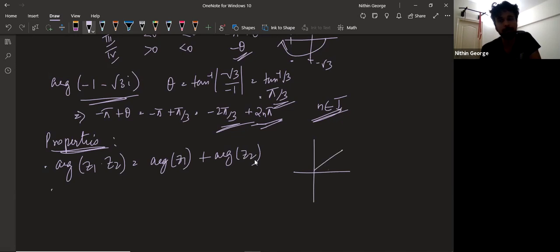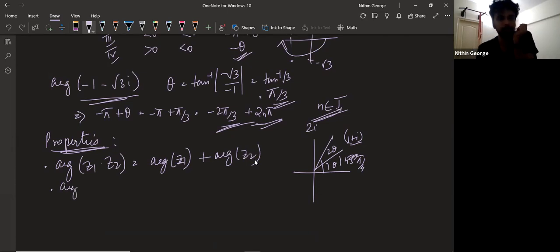I squared a number and saw that its angle doubled, right? Like 1 plus i squared, what did I get? I got 2i. Basically, 1 plus i's argument was 45 degrees or pi by 4, and 2i's argument is pi by 2. We saw the angle doubling. So this is the general case of that. If you multiply two complex numbers, their arguments simply add up. All right, keep that in your mind.